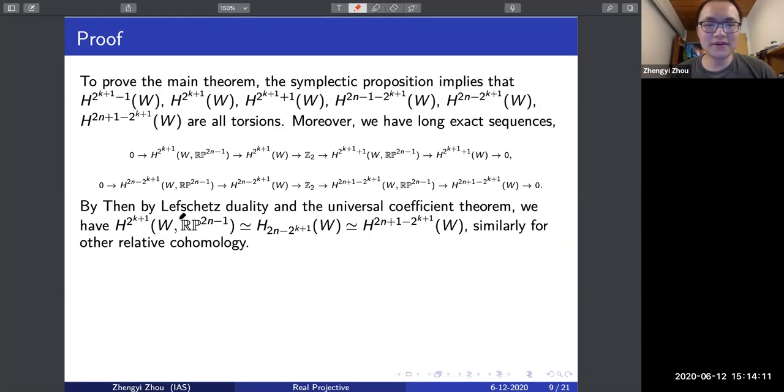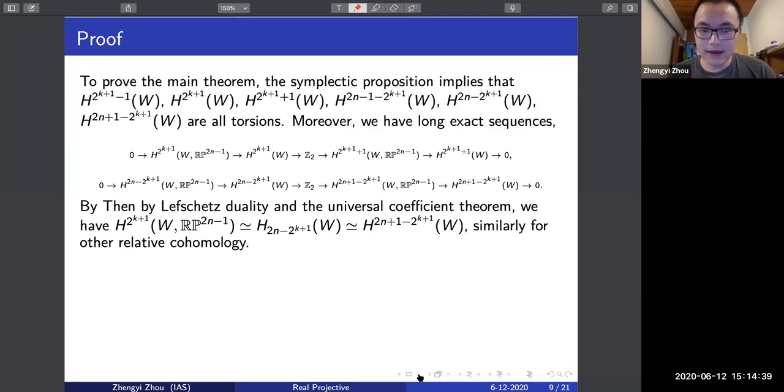This can be done first using Lefschetz duality: we pass the relative cohomology to the homology of the filling. Then we can use the universal coefficient theorem to relate the homology of the filling to the cohomology of the filling with a degree shift of 1. This second isomorphism is true because all these groups are torsion, so we know they are isomorphic groups.